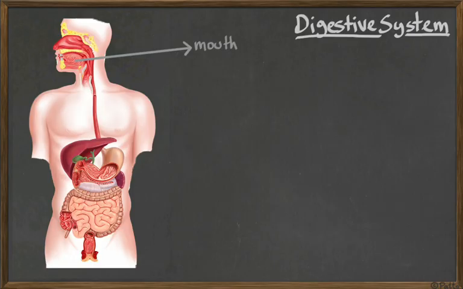We mix the food with saliva, so we already have digestion happening in the mouth itself, because the starch of our food starts being broken down in the mouth. And then the bolus, which is the name that we give to the food mixed with the saliva, goes down through the esophagus until it gets into the stomach.